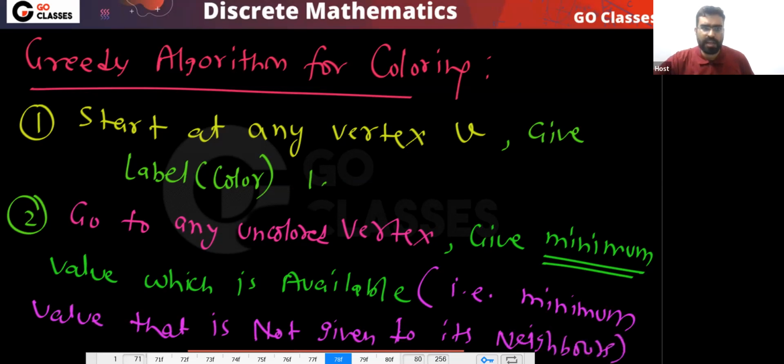Okay, so this is the idea. Very simple. You use the minimum value which is not given to its neighbors. So this is your greedy algorithm.